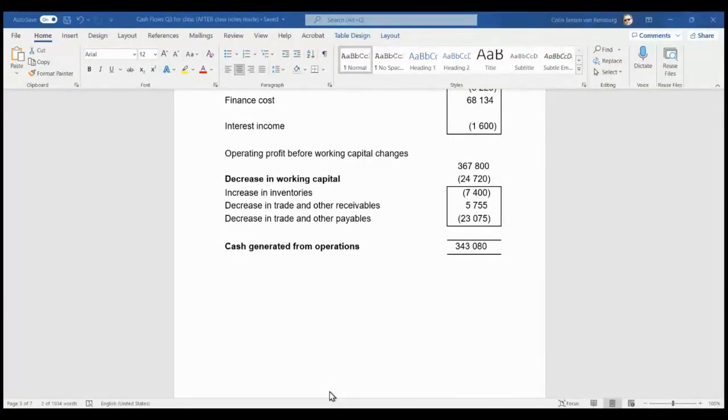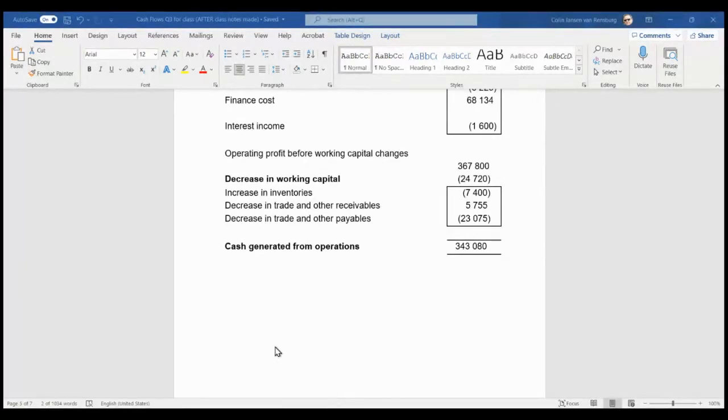Because there's less outstanding, a smaller amount outstanding, so they have paid us better. Thank you, ladies and gentlemen. So like we said last week, that will be similar. Even though these are not inflows and outflows, they are the elimination of the accrual system. It has a similar effect to an inflow of cash. More money in the bank, less money tied up in our debtors, right? So we are going to show that as a positive.